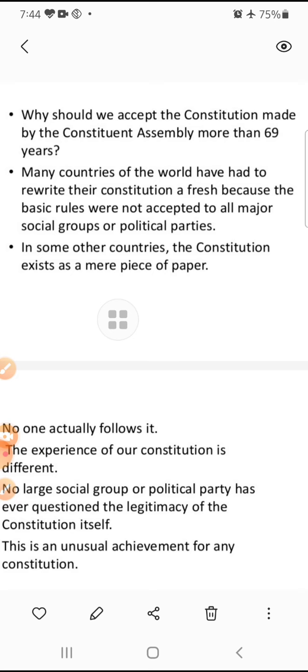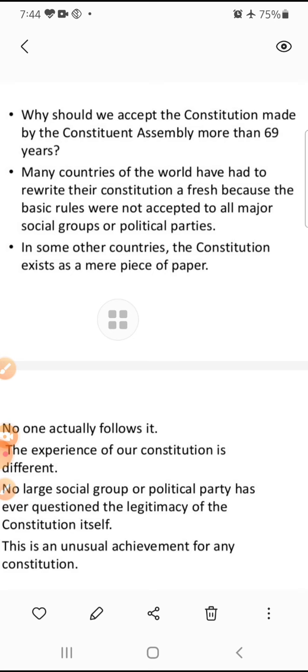Many countries of the world have had to rewrite their constitution afresh because the basic rules were not accepted by all the major social groups and political parties, other than India. It happens in every country, as we have discussed in the previous chapters, because the leaders, the people who are ruling, change the constitution for their own comfort and convenience.